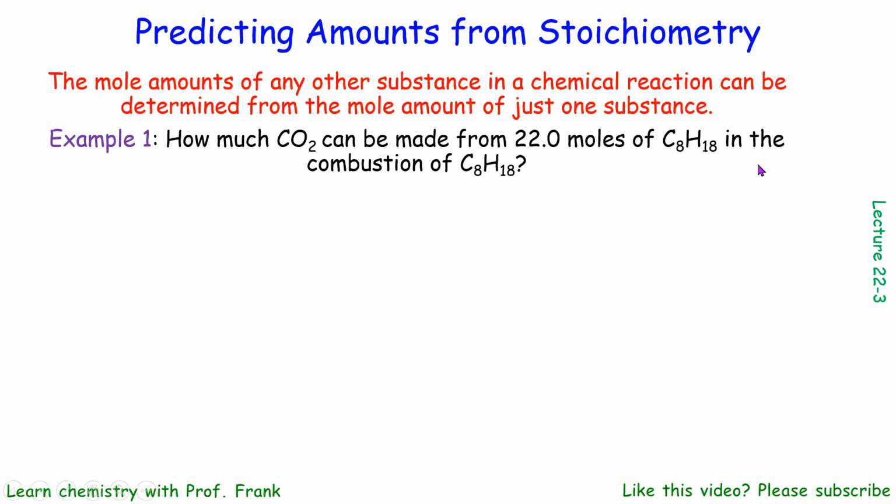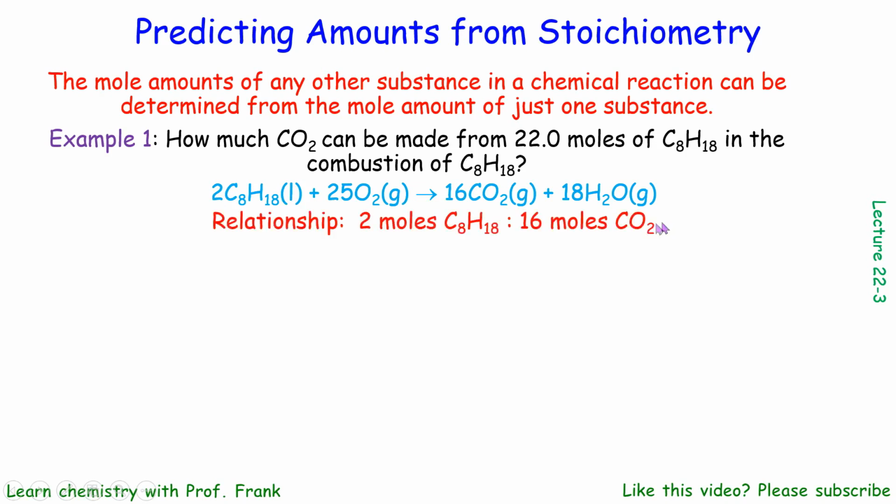How much CO2 can be made from 22 moles of octane in the combustion of octane? It's a chemical reaction, and it is a balanced equation, so we can use those coefficients in stoichiometry. So we start from what we know.